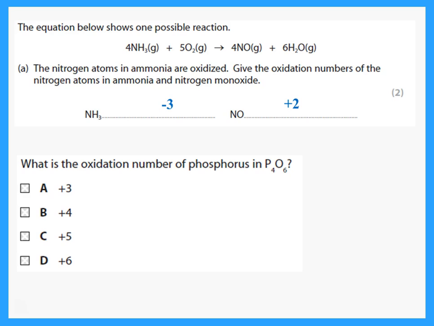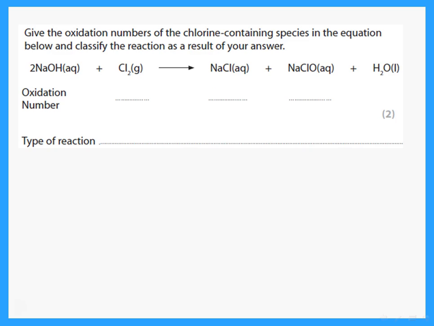What is the oxidation number of phosphorus in P4O7? Again, in P4O7, I have 4 phosphorus atoms. If each oxygen is -2, that means I have -14 in total, so the phosphorus has to be +3 in order to have an overall of 0. Are we following how to calculate all of this? It should be easy by now.